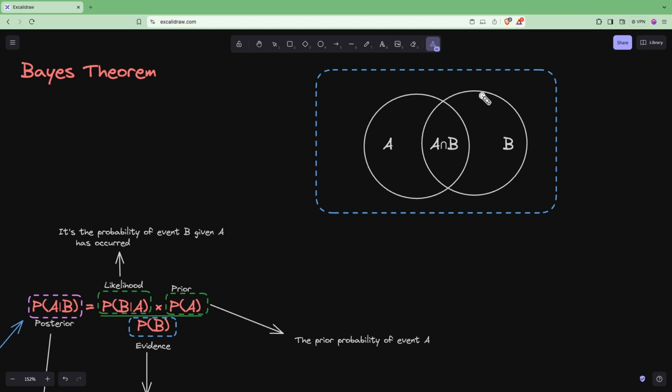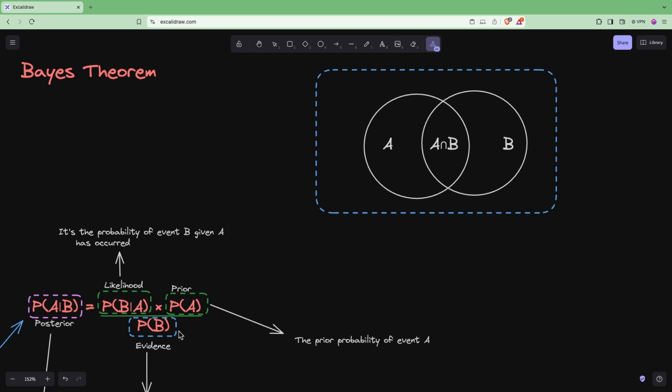This we need to understand. What is a prior? Prior is the probability of A if B has not occurred yet. I know I'm repeating, but you need to understand that this is the prior probability.